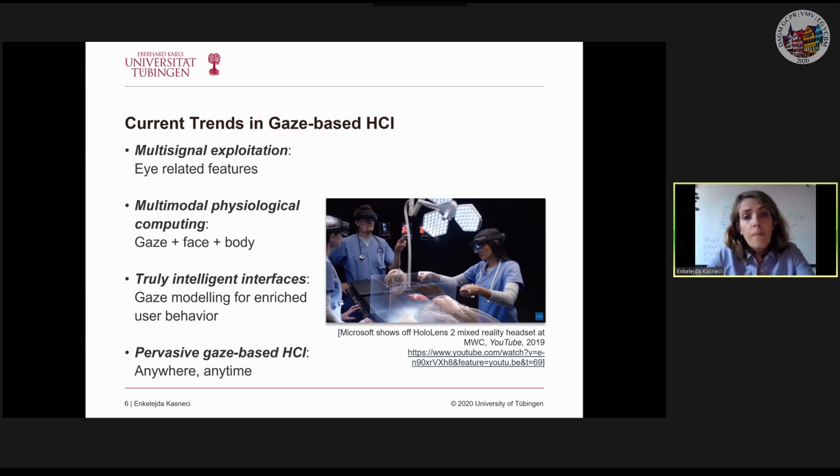Then there is also a trend towards so-called multimodal physiological computing, going a little bit into the area of affective computing, where gaze information is analyzed and combined with face and body, or for example action recognition or emotion recognition, to enable truly intelligent interfaces, so gaze modeling for enriched user behavior, ideally anywhere and anytime.